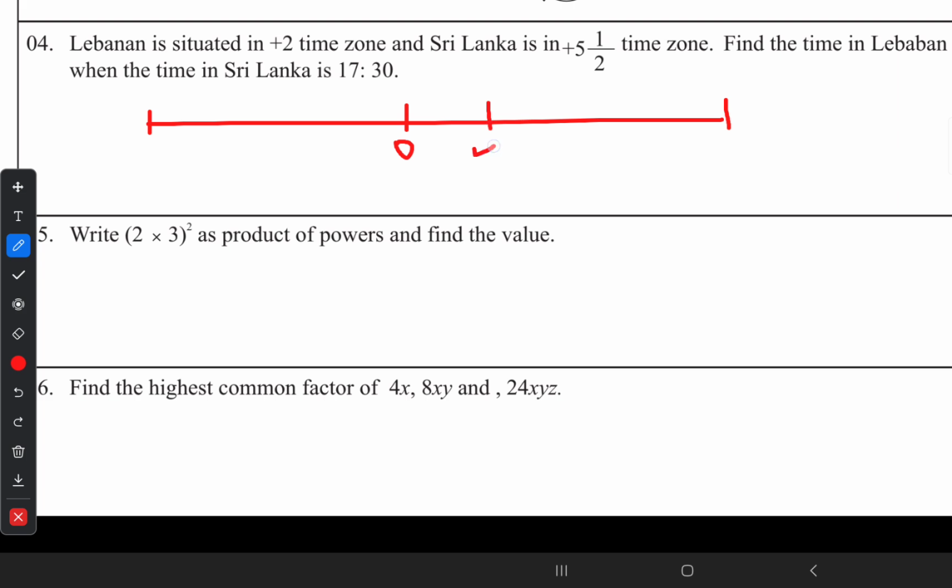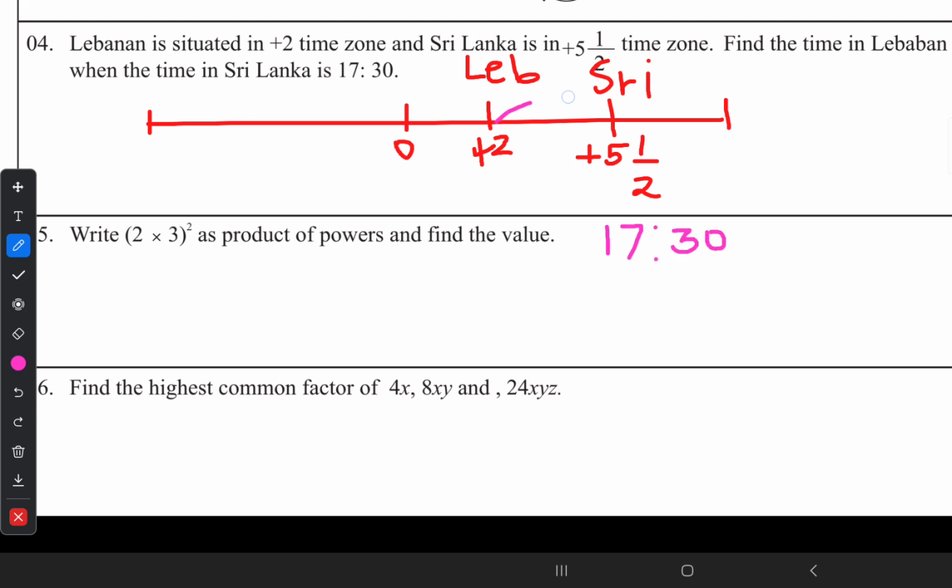At +2, that is the location of Lebanon. And at +5.5 time zone, Sri Lanka is situated. Now, the question asked was, at Sri Lanka the time is now 17:30, that means evening 5:30. So what's the time at Lebanon?